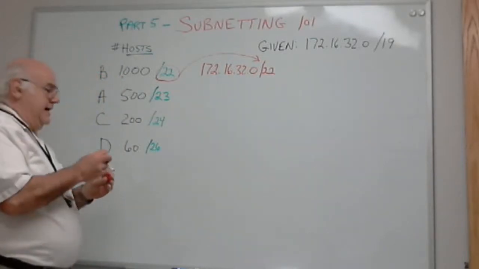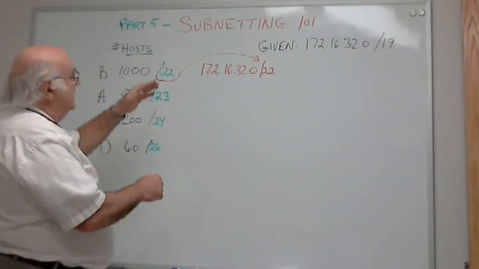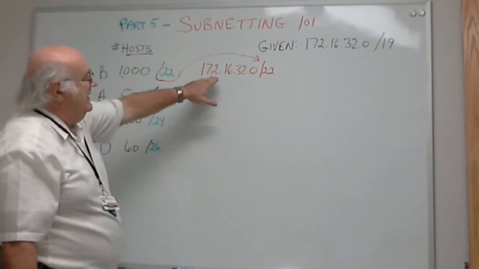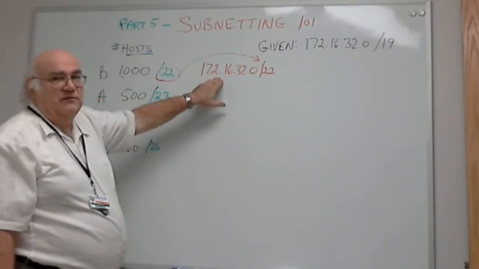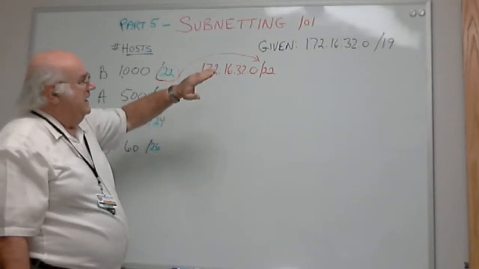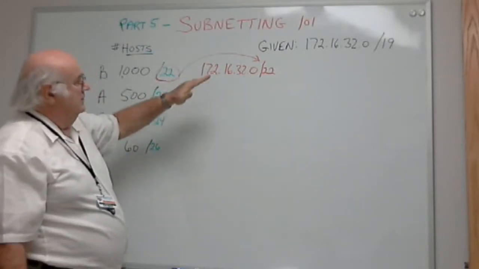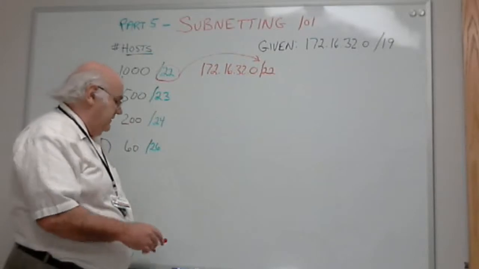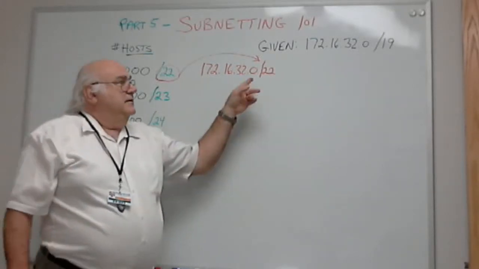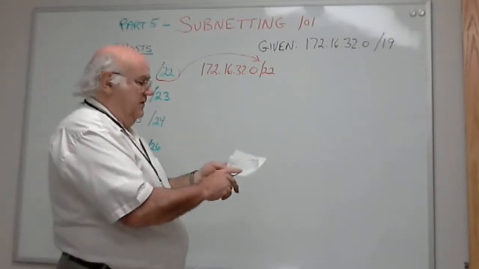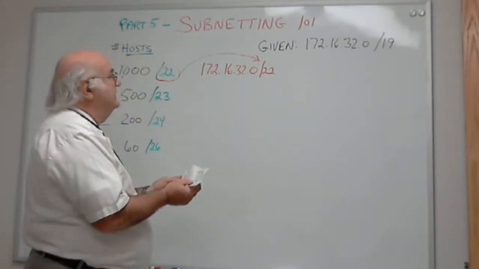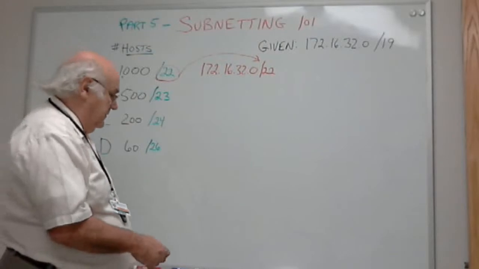Okay, now the only thing we have to do from here is figure out how big each one of these networks is, how many hosts can be in each one of these networks, so that we can figure out what the next network is. So let's look at the /22. If you come up here, /22 on your little chart is in the 3rd byte.